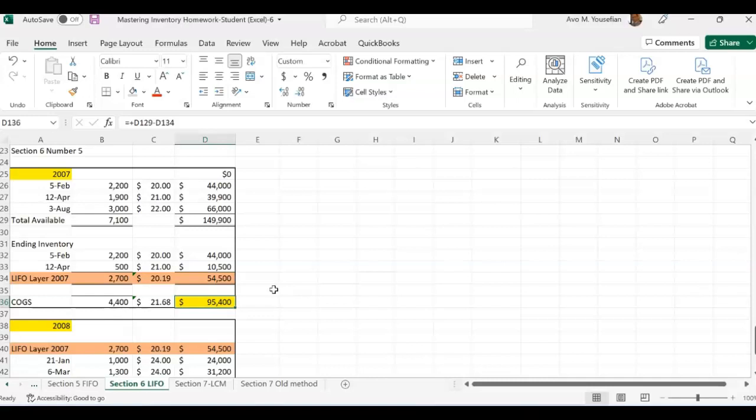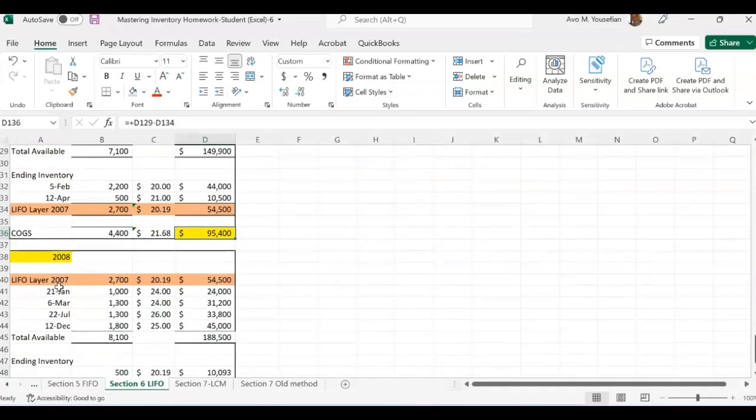So for 2018, we copied that LIFO layer of 2017 as the beginning inventory, and we add the number of purchases that we did, net purchases that we did during the year.